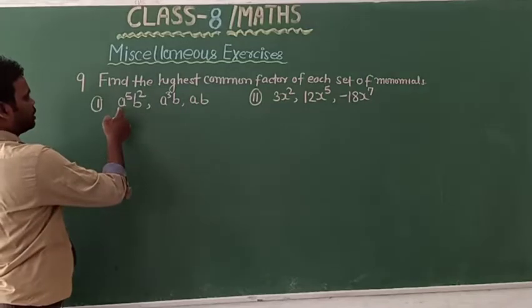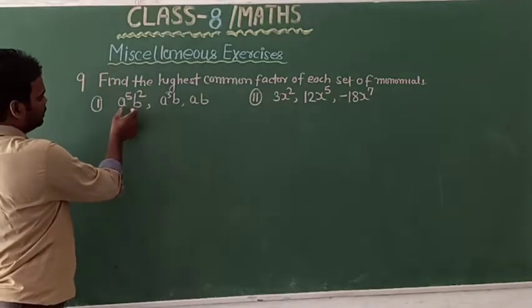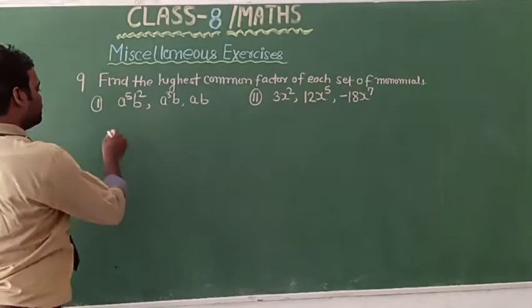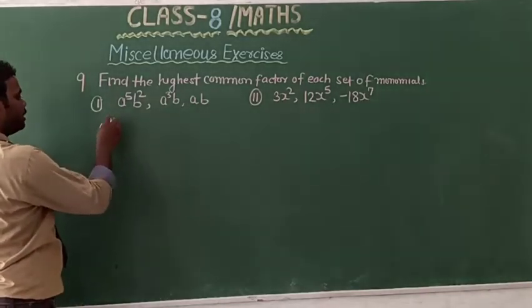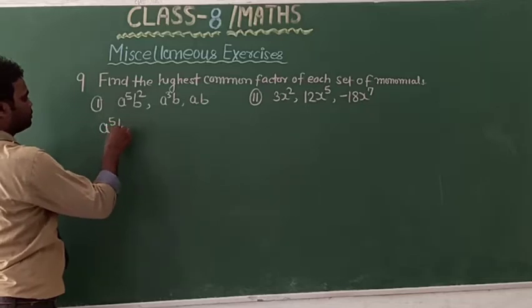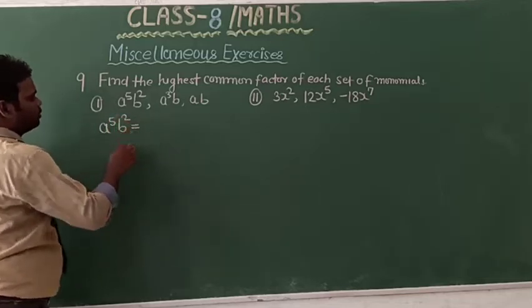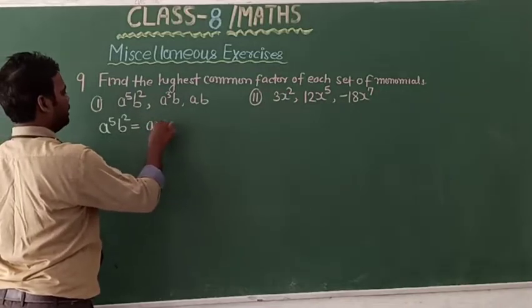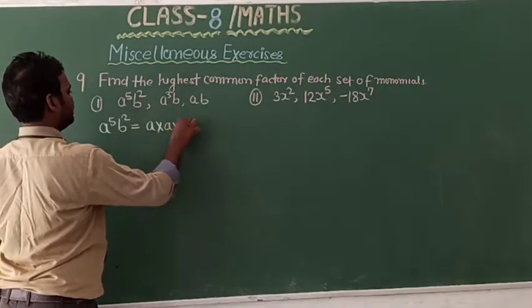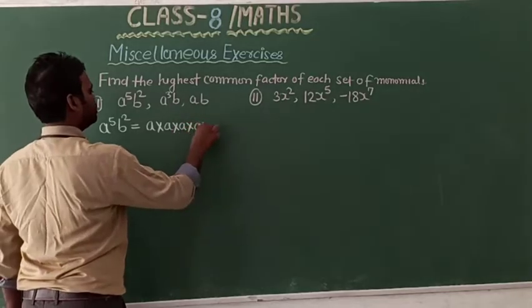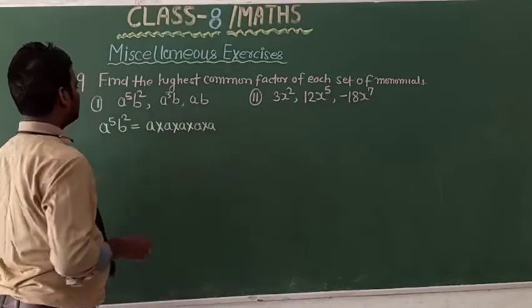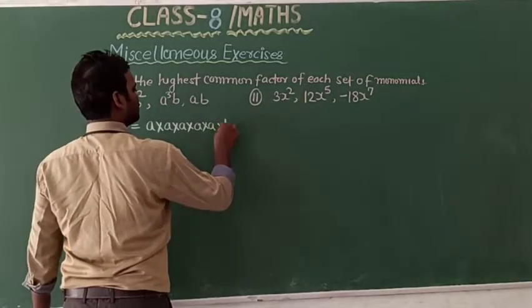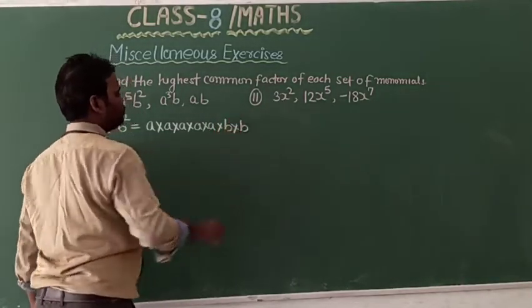The first term, a to the power 5 b to the power 2, is written with a to the power 5 as the product of a into a 5 times, and b square as the product of b into b 2 times.